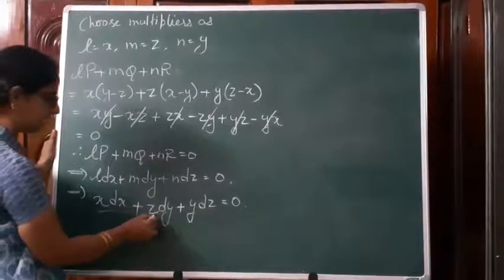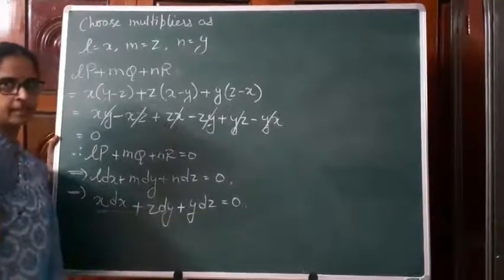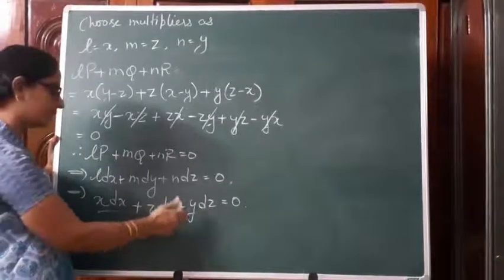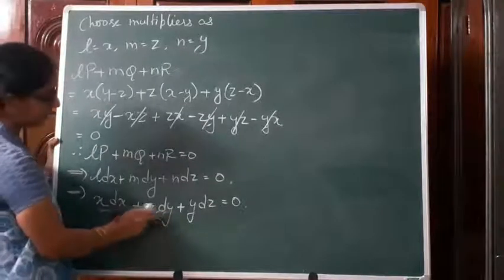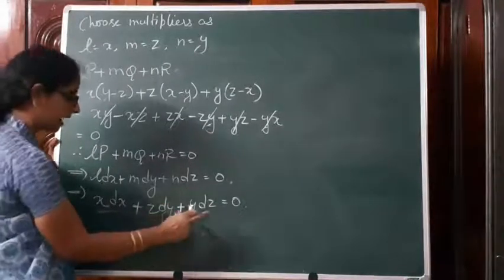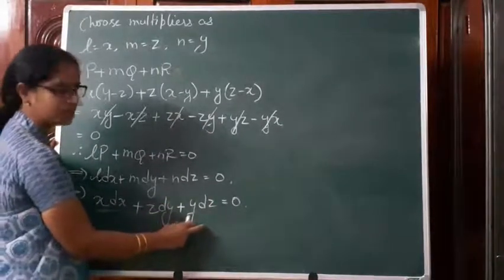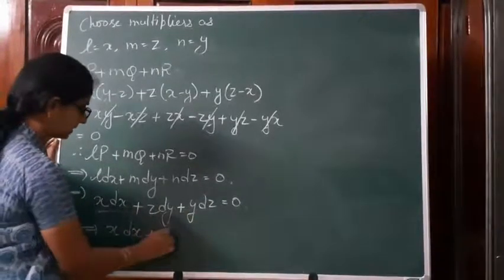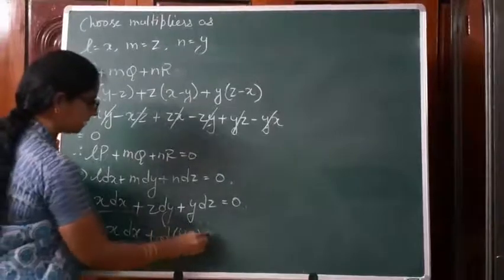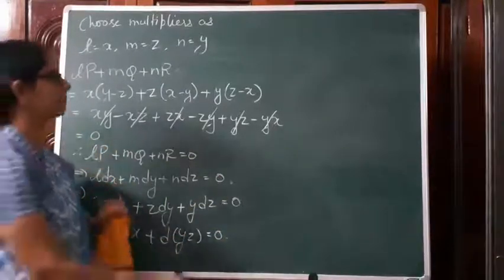But here we have z dy plus y dz. z into derivative of y plus y into derivative of z is derivative of yz. So we cannot directly integrate here. We have to group these two terms and write it as d of yz. This is x dx plus d(yz) is equal to 0. Now we integrate both sides.